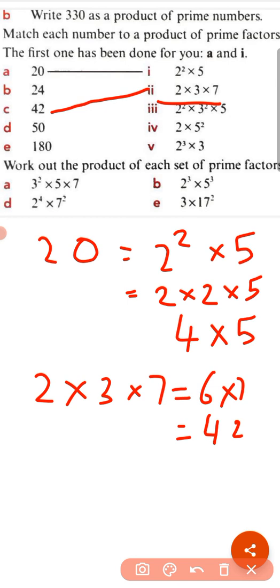Next, check the other factors. 2 to the power of 2 into 3 to the power of 2 into 5.